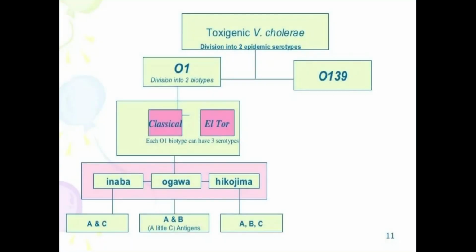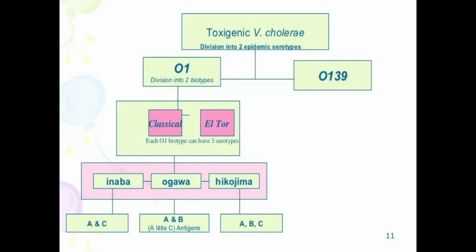Of interest to us is the toxigenicity of Vibrio cholerae, which is classified by two serogroups, O1 and O139. The O1 serogroup is classified into two biotypes, classical and El Tor biotype of Vibrio cholerae.